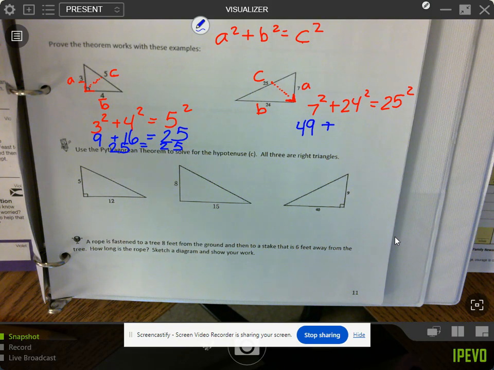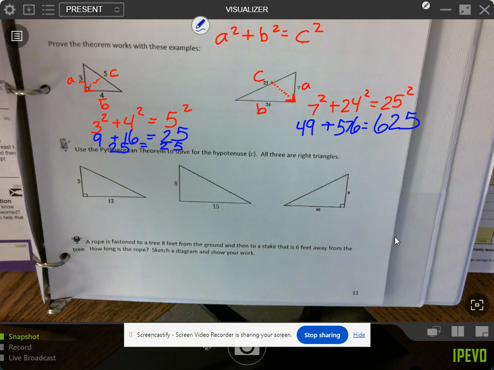What is 24 squared? 576. Is it really? Yep. That one I don't have memorized, so I'm going to just double check you. Very good, Dom. 576. What is 25 squared? 625. Very good.